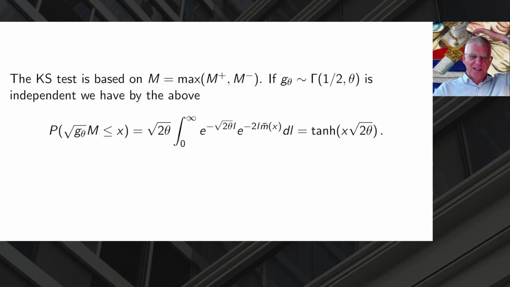For example, the Kolmogorov-Smirnov test is based on this maximum of the absolute value of the Brownian bridge. So it's just one possibility. It's not the only one.